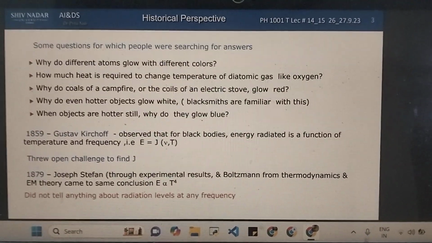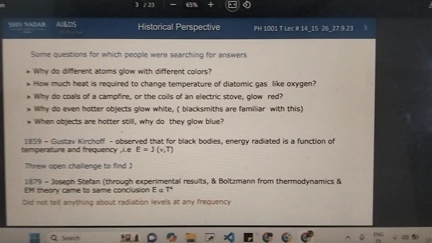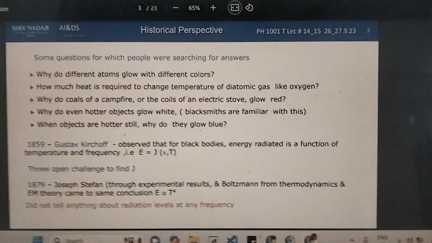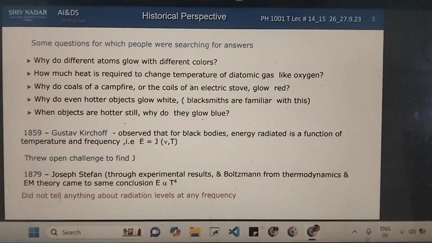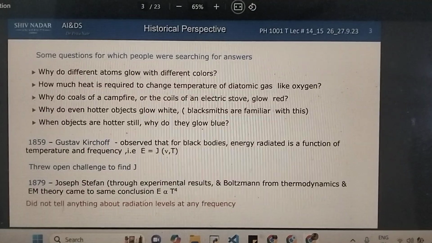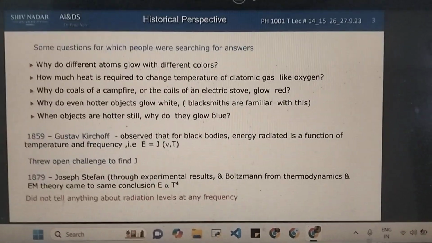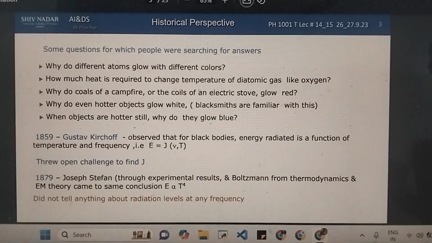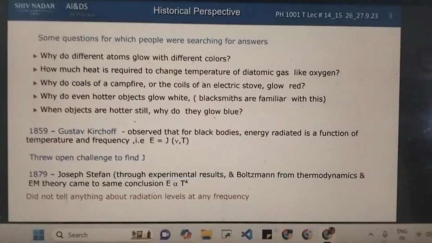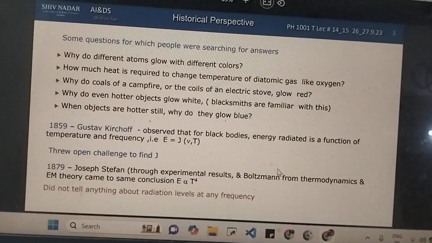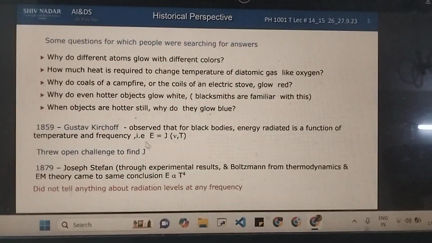So if at different temperatures my object is emitting different colors, it means that when I'm subjecting it to different temperatures, the radiation emitted has different frequencies. That is why it is showing different colors. So the idea here is there is a connection between temperature and frequency, and the nature of this connection is what people were trying to study. So that is how quantum physics came about.